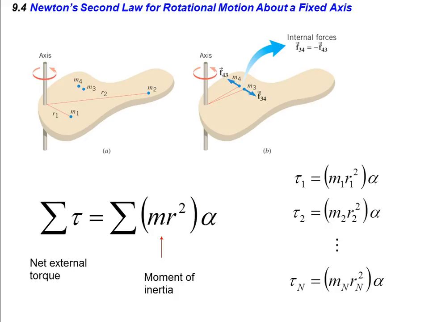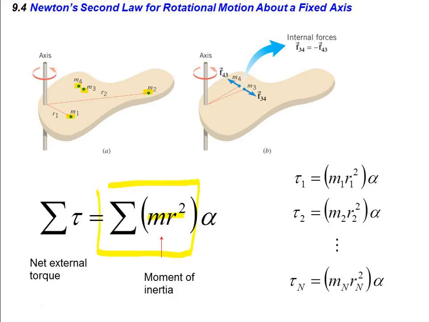If we want to find the moment of inertia of some irregular object, we can break that object into an infinite number of tiny little masses. Each of these tiny masses will have a moment of inertia of mr squared, and it is the sum of this whole thing that gives us the moment of inertia.